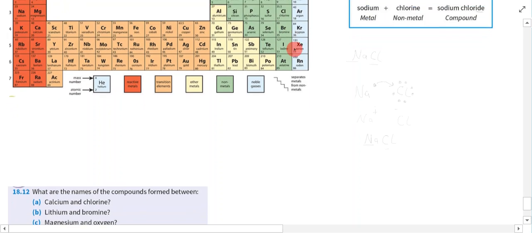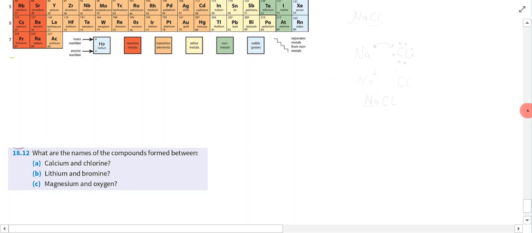So if we think about it, if you were to write calcium, it would look something like this. Because it's in group 2, it'll have 2 electrons in its outer shell.